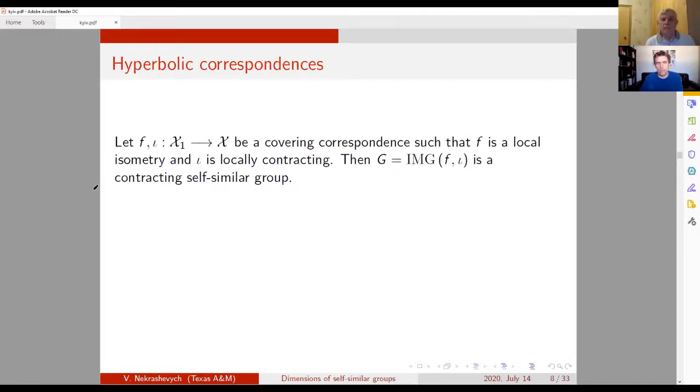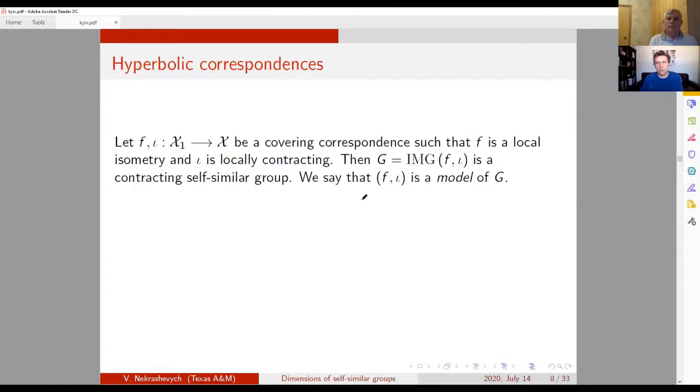So that's how contracting self-similar groups appear. Remember, I wanted iota to imitate the identity map. In that case, F becomes expanding. So it's a model of expanding maps, but another way to formulate it is that iota is contracting and F is a local isometry. So we say that this pair of maps is a model of the group.